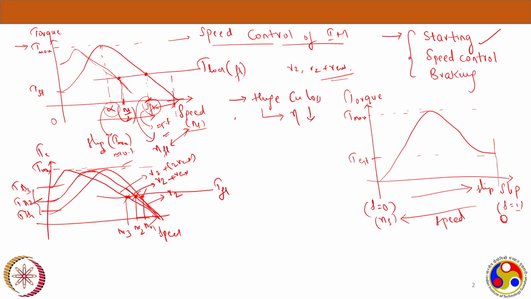Now another method is, let's control the supply voltage itself, right? Supply voltage control we also discussed two weeks ago. So if we are able to change the input supply voltage, your maximum torque would go down. I'll just draw it.